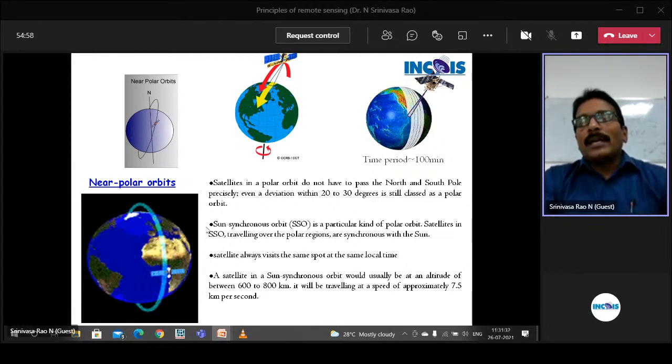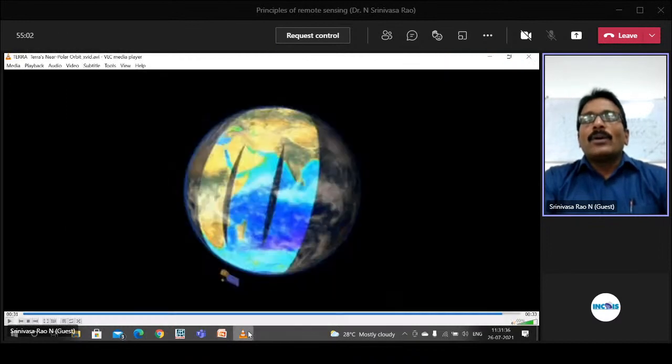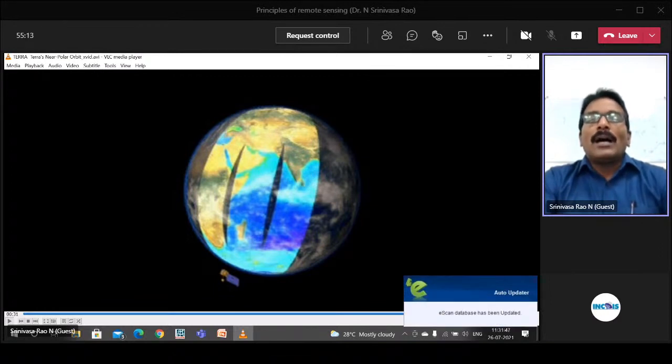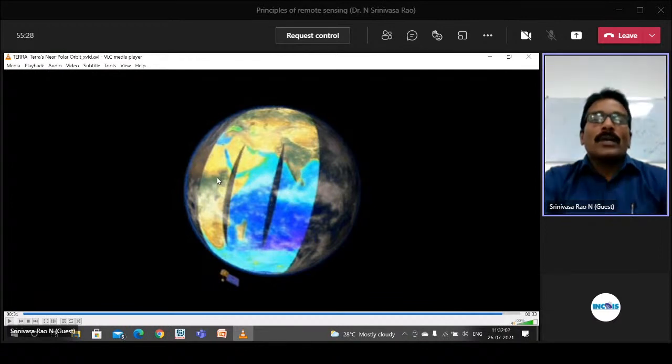How much time does it take for one rotation? Approximately 100 minutes. That means first it scans this portion, and the time gap between the first pass and second pass is 100 minutes. So if you are working with ocean data, the gap between the first and second pass is 1.5 hours, and between the first and third pass, 3 hours.